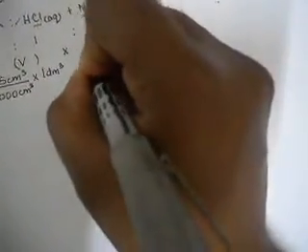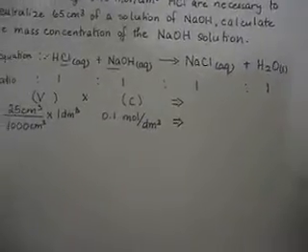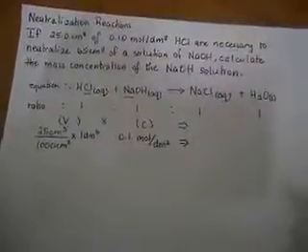You multiply by the concentration, which is 0.1. And this is all to give you the moles of HCl used.